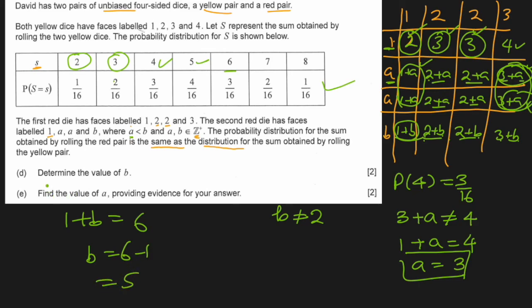But they said find the value of A, providing evidence for your answer. So we have to show evidence here.